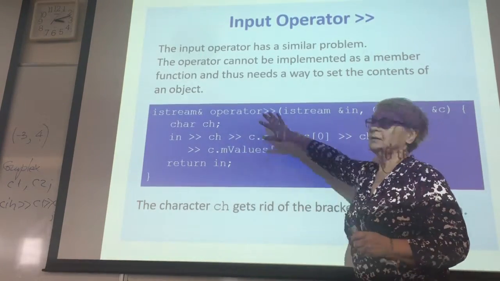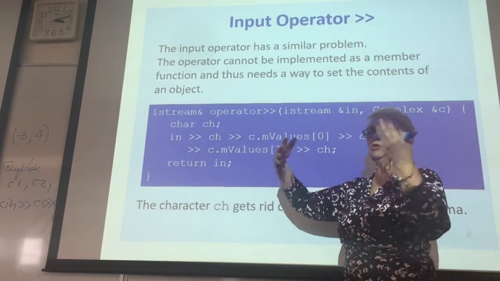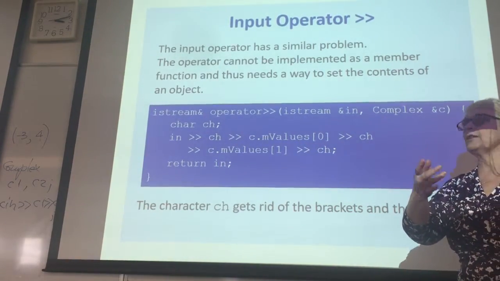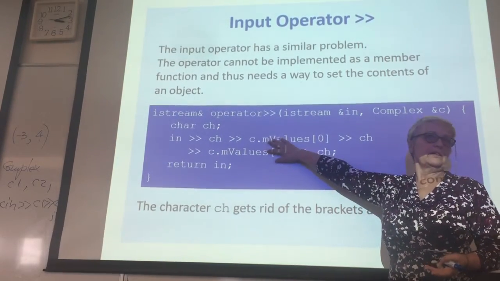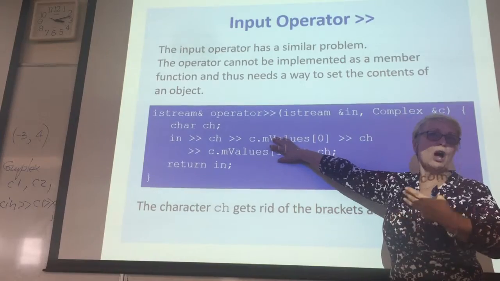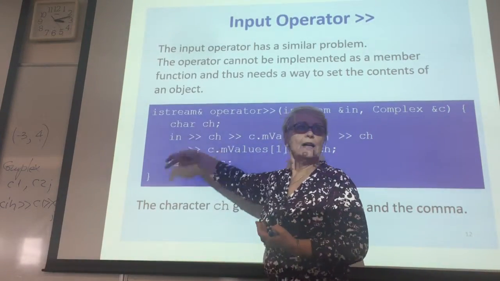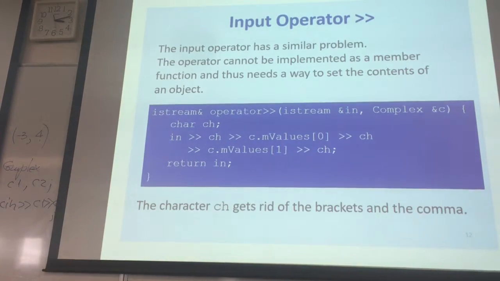Once again, simple, and you can say this is as simple or as complicated as the output operator, but be aware that we expect something here, and if the input is not like here, probably we have to go inside a while loop and keep repeating, asking for proper data to be entered.